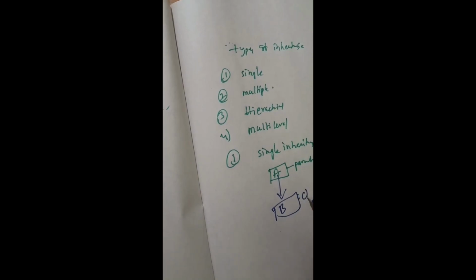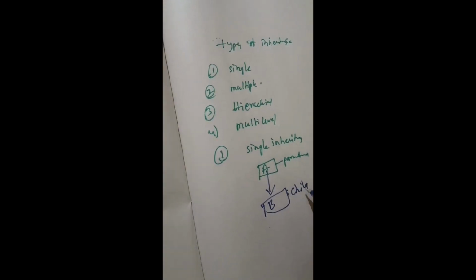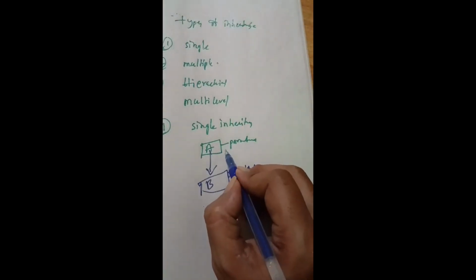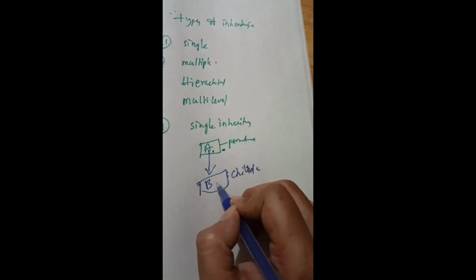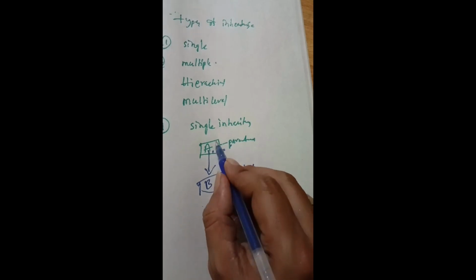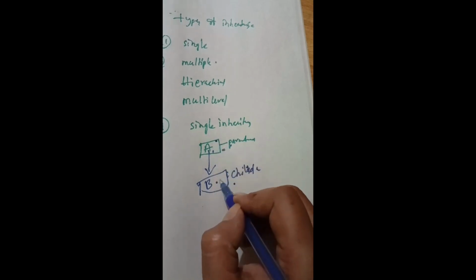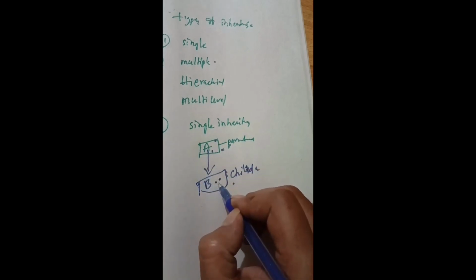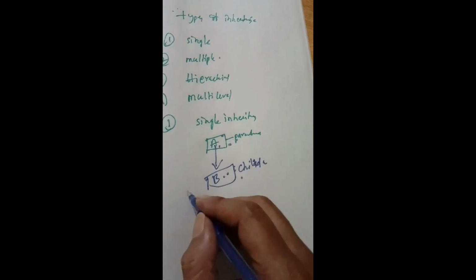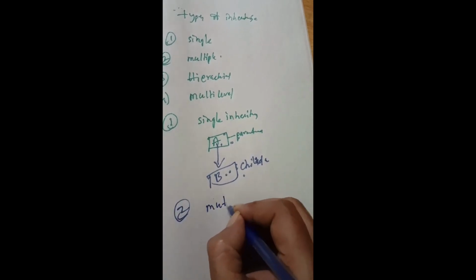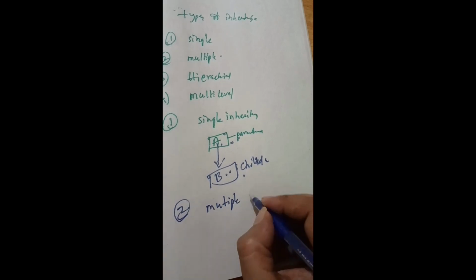We derive class A to B. This is the parent class, this is the child class. With only a single parent and a single derived child, this type of inheritance is known as single inheritance. Now the second one, multiple inheritance.